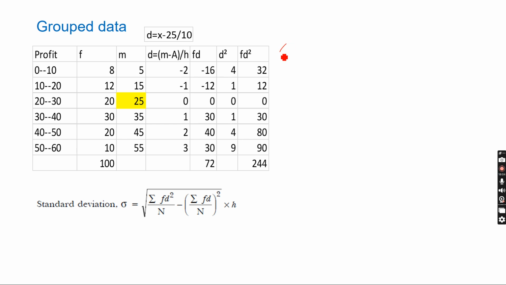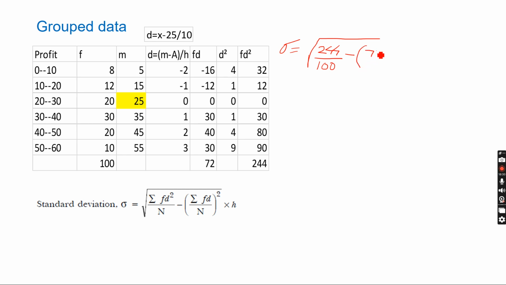So I write sigma equal to the square root of summation FD square, which is 244, divided by n. Always in the frequency table, n stands for the summation of frequency, which is 100, minus summation FD.